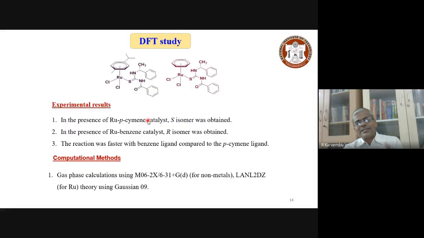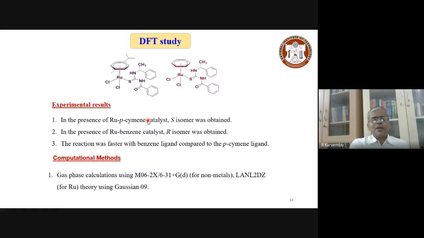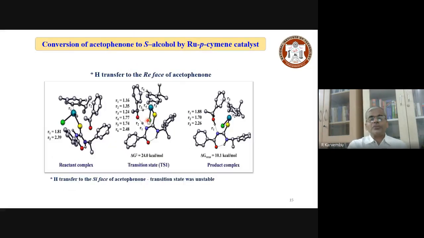Here we could not understand why in one case the S enantiomer is formed and why in one case the R enantiomer is formed, but physicists were able to interpret, or justify, the experimental results that we have obtained. That was very interesting. And the third observation here is that ruthenium benzene is highly active compared to ruthenium p-cymene. Why is it so? Now you just see this energy.